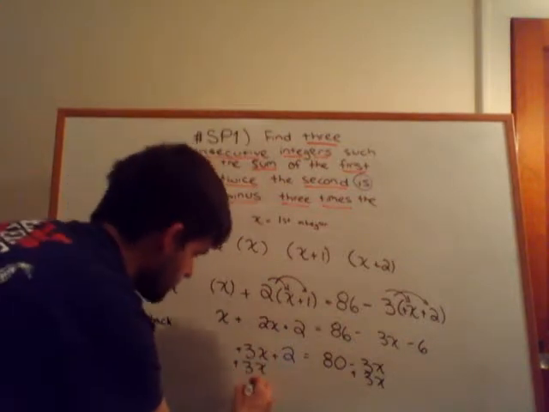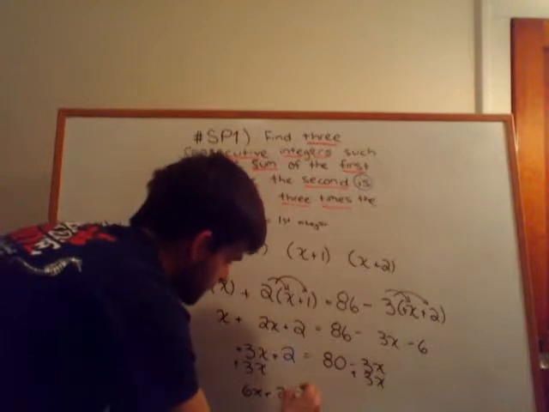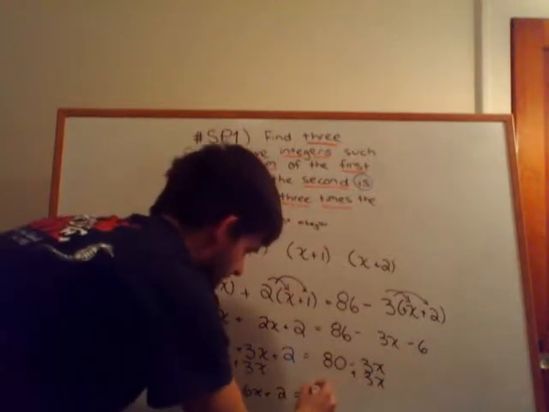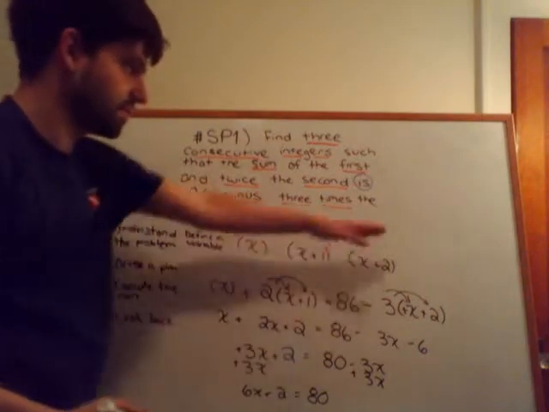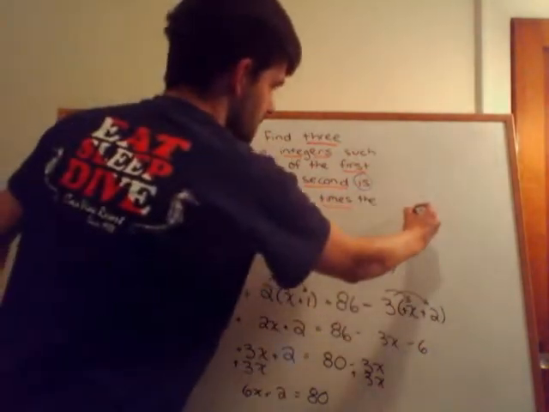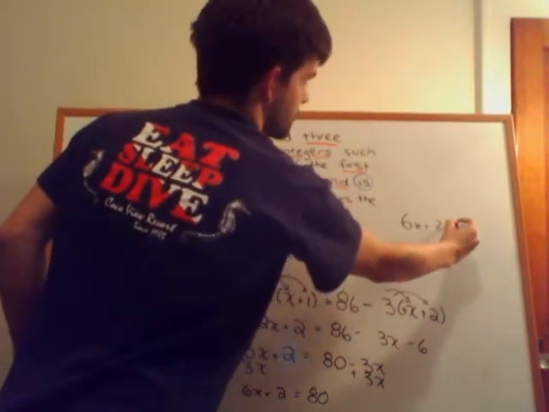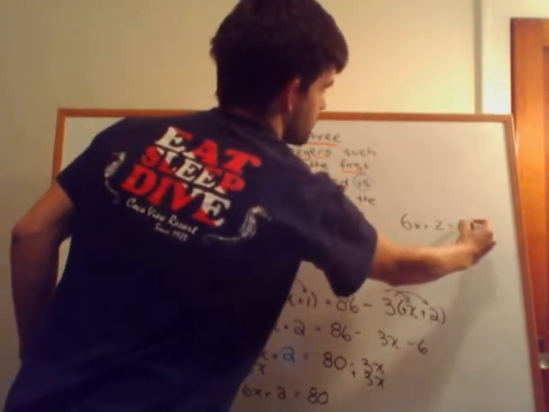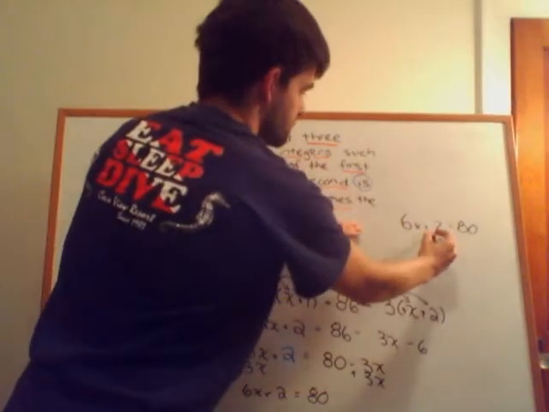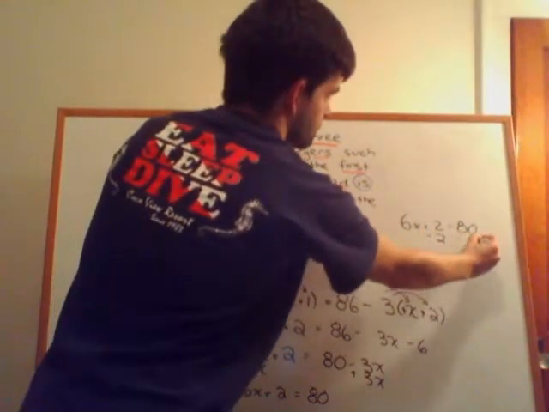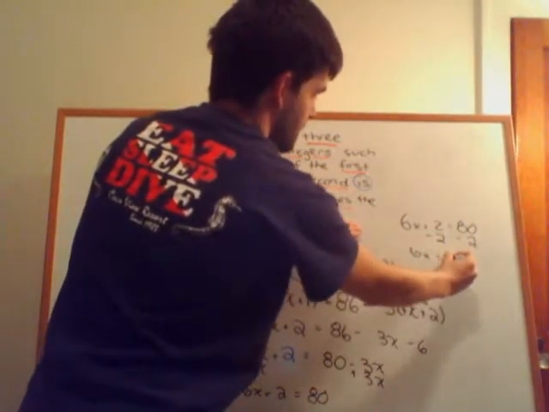So now we have 6x plus 2 equals 80. And then, I'll continue up here. 6x plus 2 equals 80. Subtract 2 from both sides, and we get 6x equals 78.